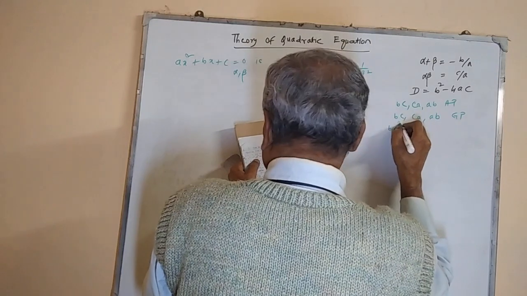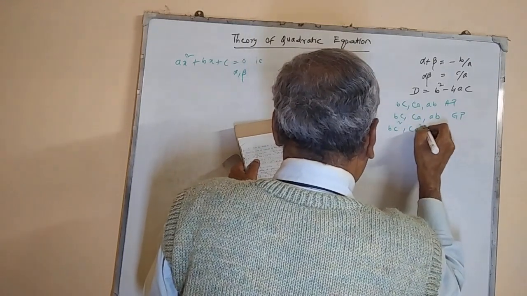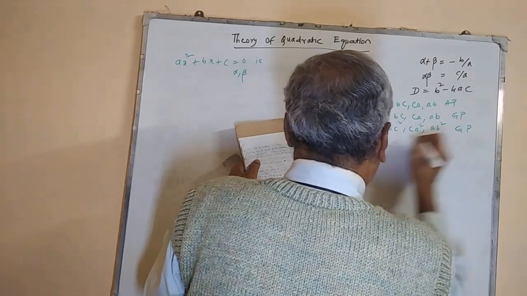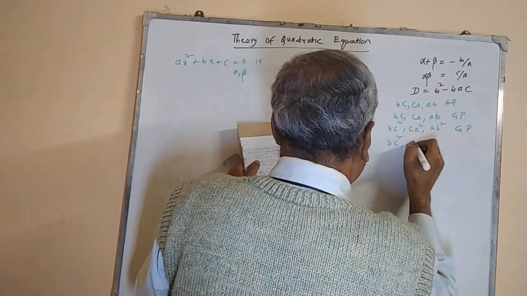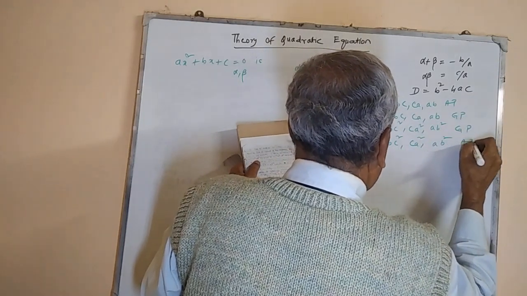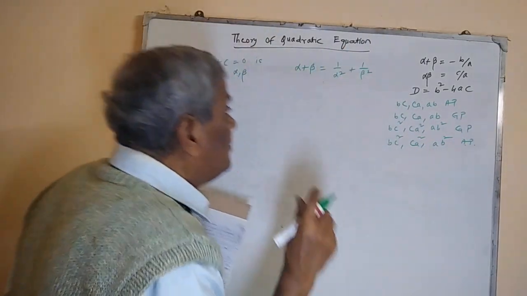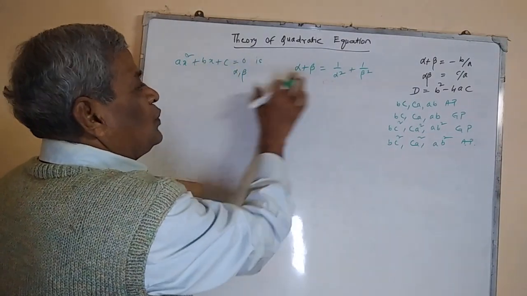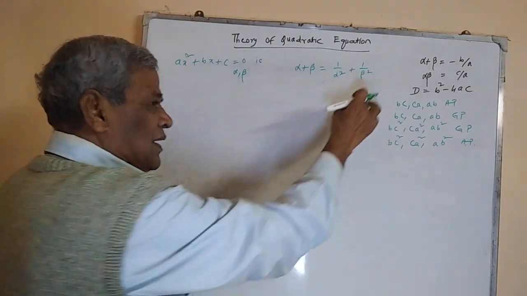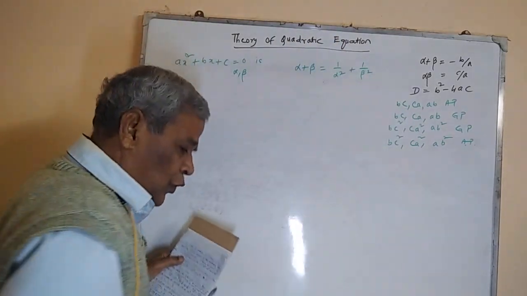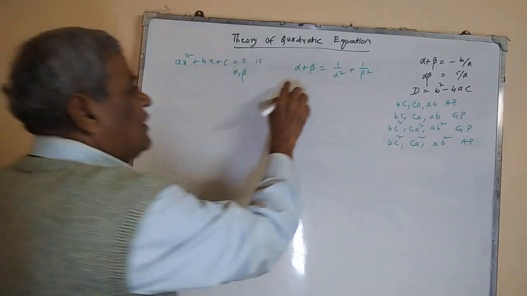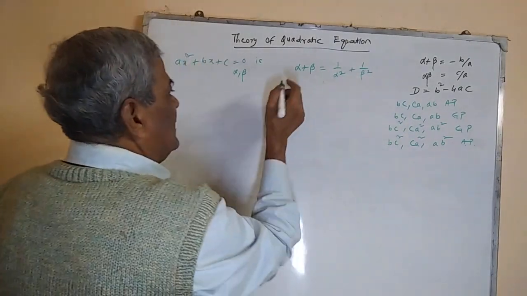BC², CA², AB² are in GP, and BC², CA², AB² are in AP. The question is, the sum of its roots is equal to that. Then of these following 4, which one is true? The given condition is this is equal to that.